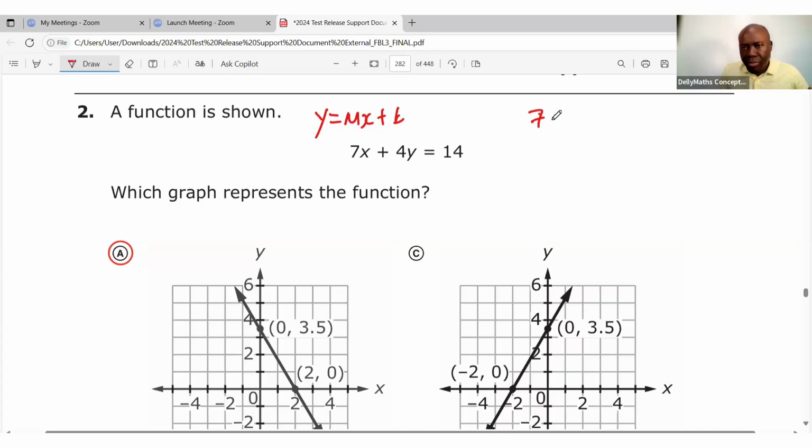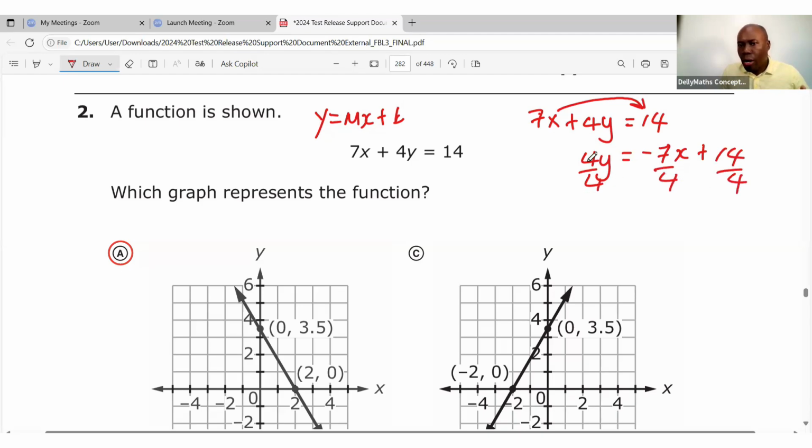So 7x plus 4y is equal to 14. First, let us get this on that side, right? So we're isolating the 4y. We're going to have negative 7x plus 14. And then we divide throughout by 4.